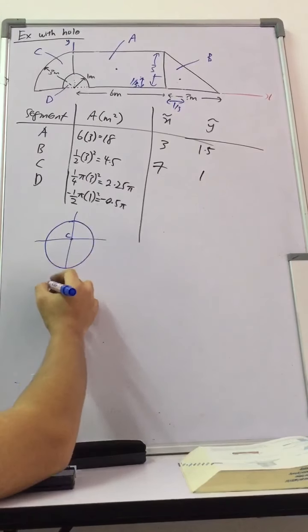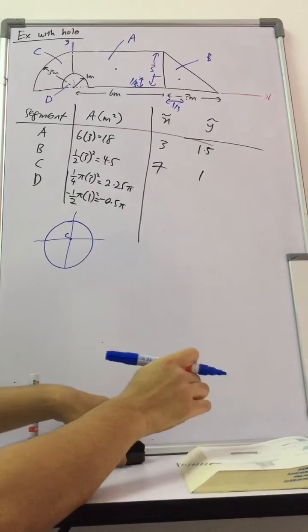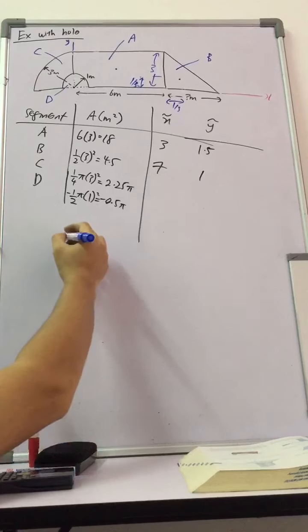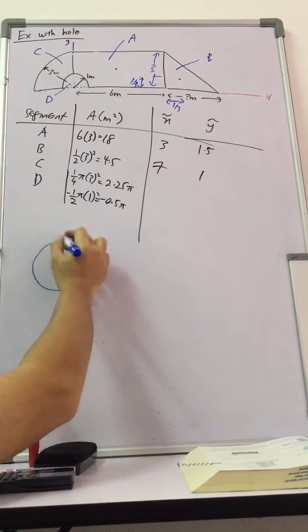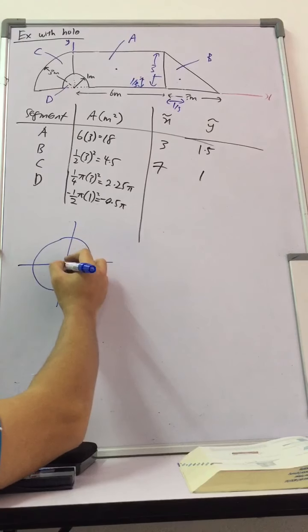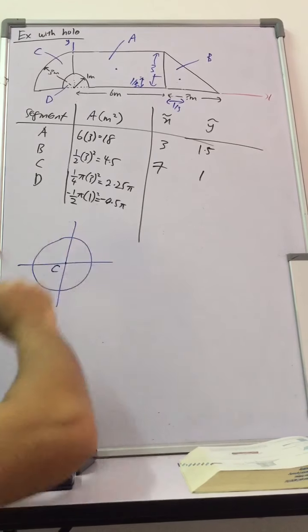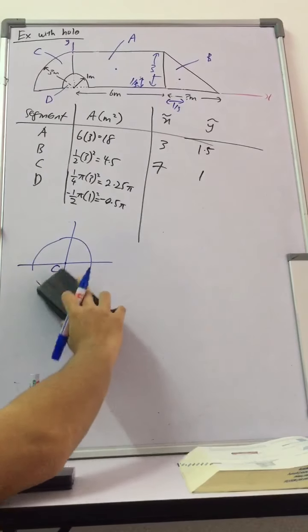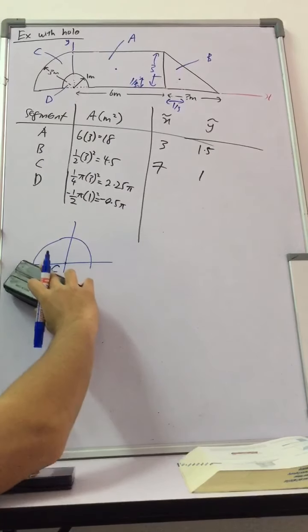But how about if you have half of the circle, which means you have a semicircle?